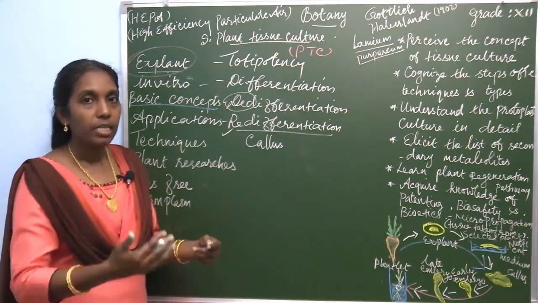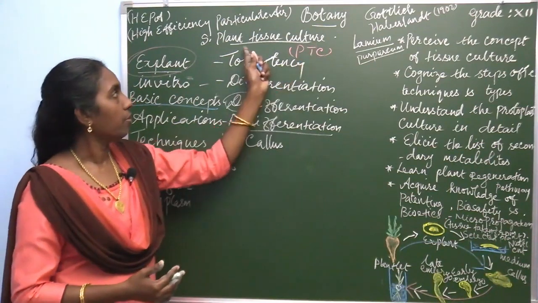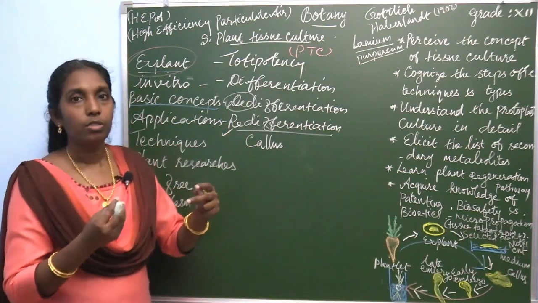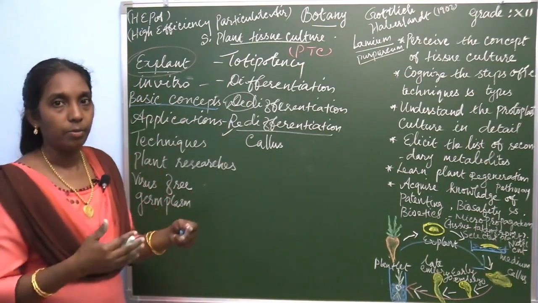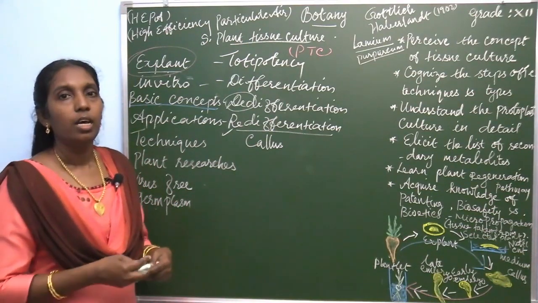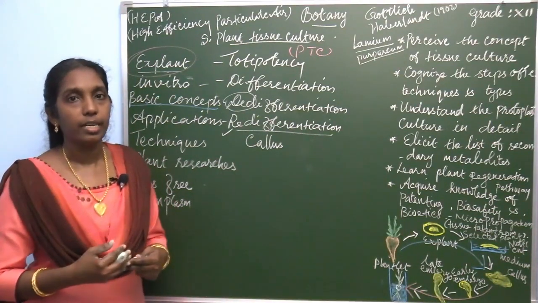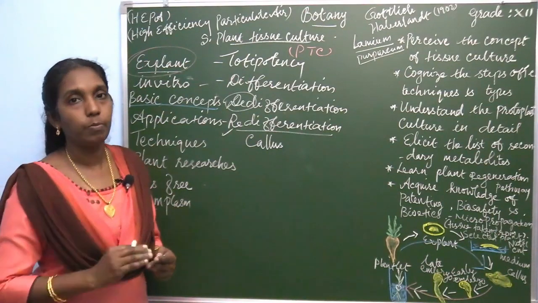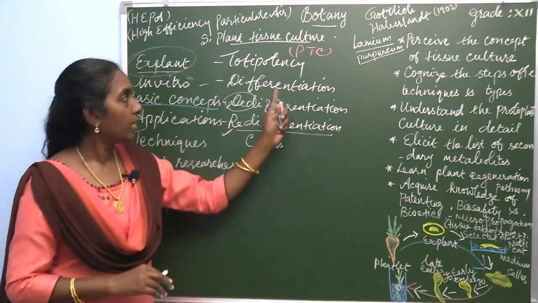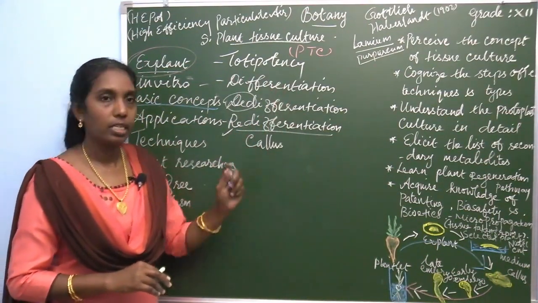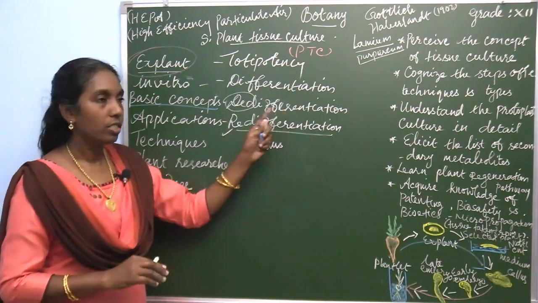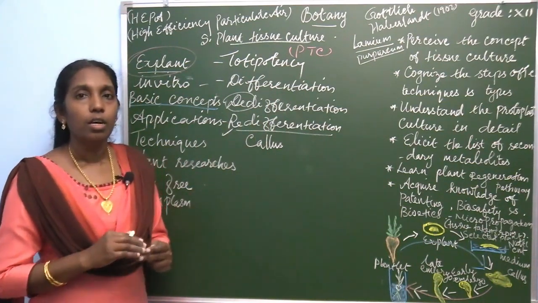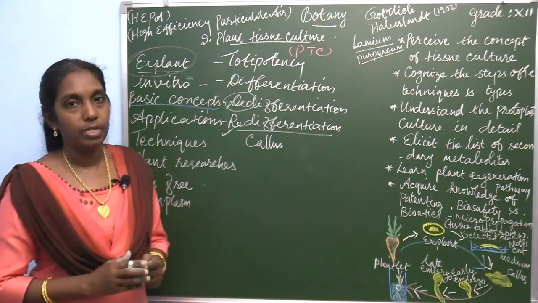For making a tissue into an entire organism through plant tissue culture, there are three important principles. The first is the concept: totipotency, differentiation, de-differentiation and re-differentiation. Now what are the basic principles?